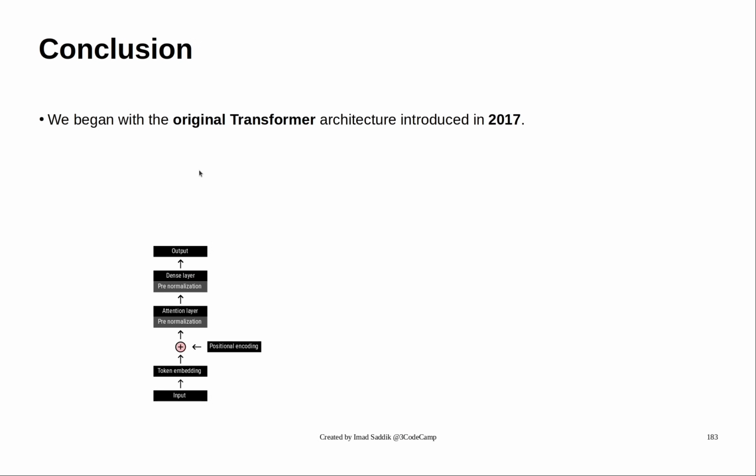Congratulations! You have done an awesome job. Let's quickly go over what we have learned. We started our journey by looking at the original transformer from 2017. Thanks to that architecture, we were able to create our first language model.